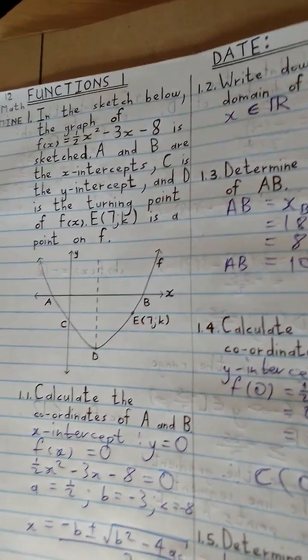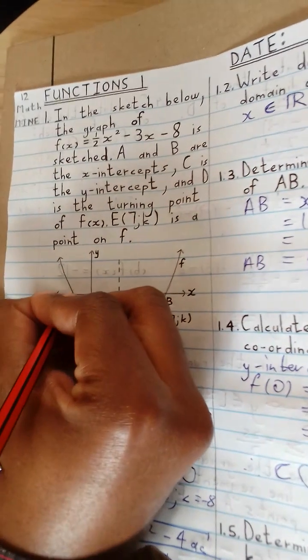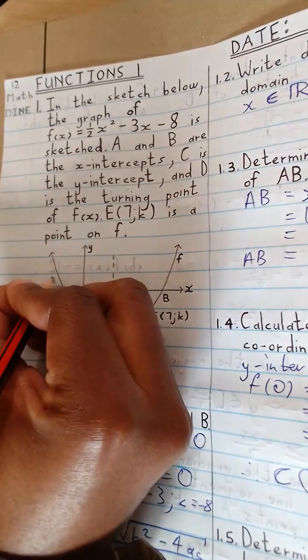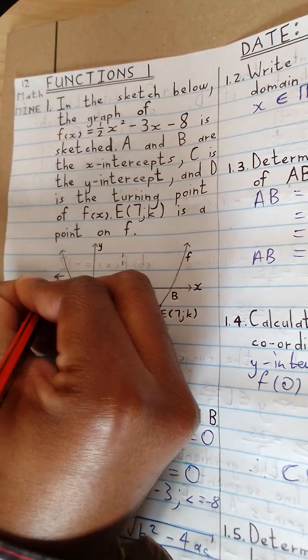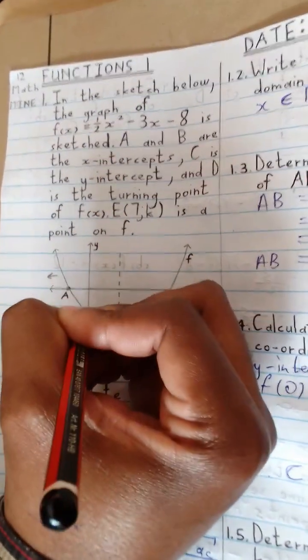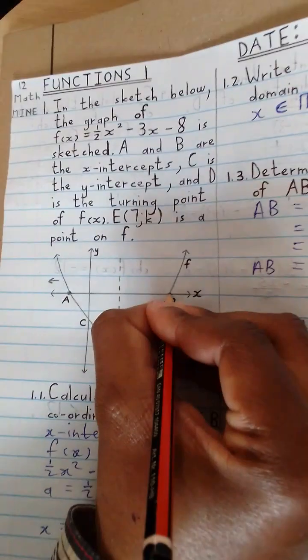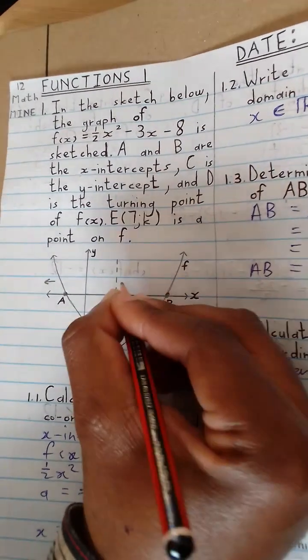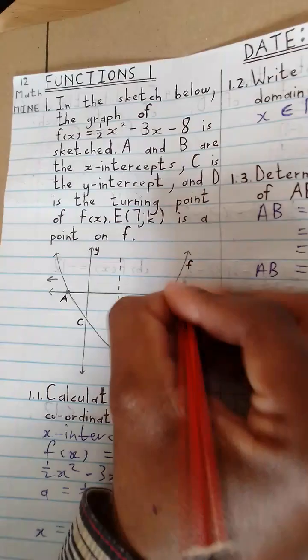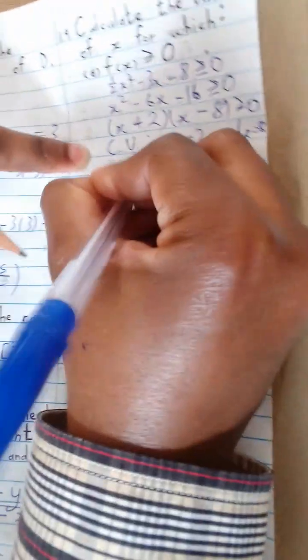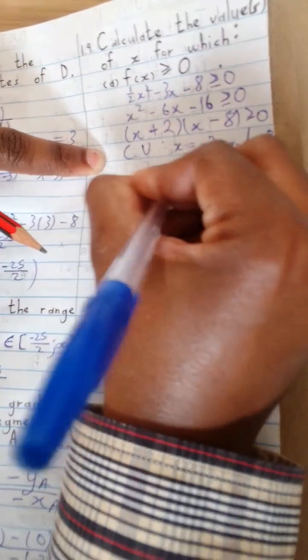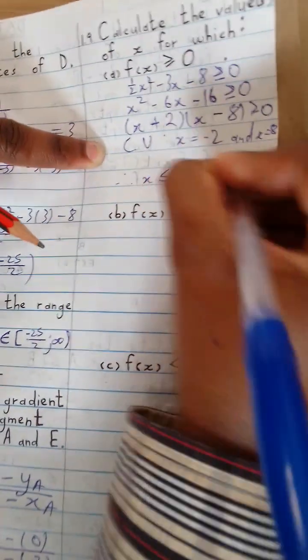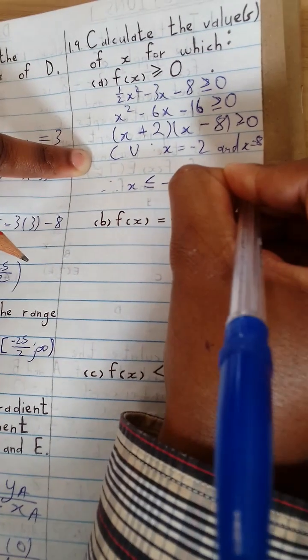On the x-axis or above: to the left of A, it's above. To the right, it's below, so we don't include it. Then we go to B, 8. To the left, it's below the x-axis. To the right, it's above. So as we can see, the values of x are x is less than or equal to negative 2, or x is greater than or equal to 8.